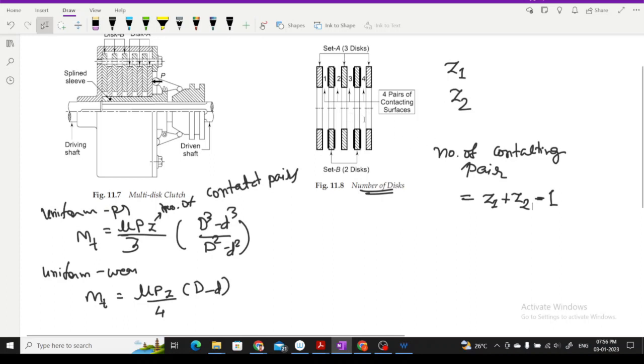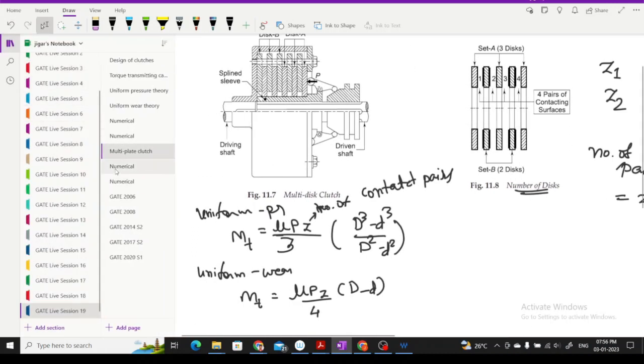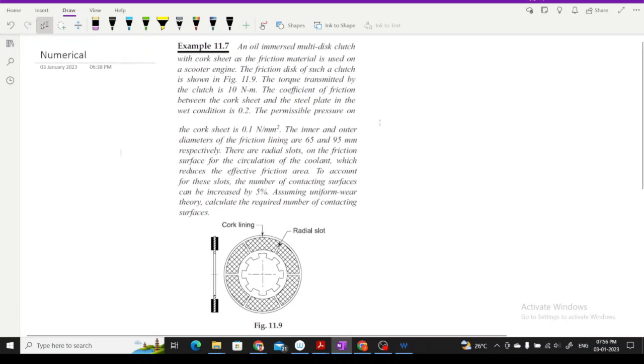As you can see in the given example, you have 3 discs on set A and 2 discs on set B, the driving and driven shafts. When you make this pair of contact, it will be one less than the total number of discs. It is self-explanatory, right? So this is how the number of contacting pairs is given by Z1 plus Z2 minus 1, right? Now from this we can try this example.